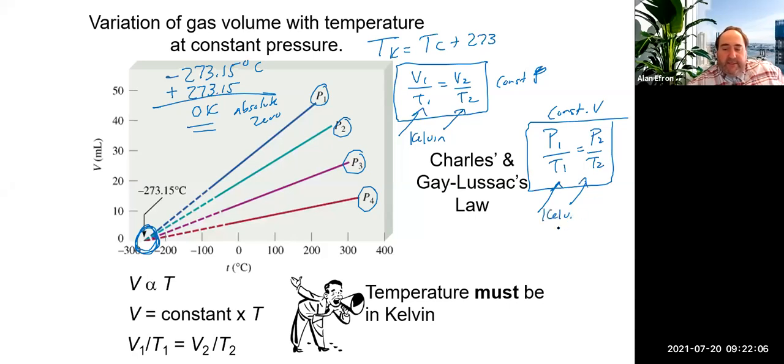And like I mentioned a second ago, if you're dealing with a gas law and you're dealing with temperature and you want to be safe, it definitely for sure needs to be in Kelvin. So you always have to make sure temperature is in Kelvin when you're dealing with gas laws. Any questions on that?